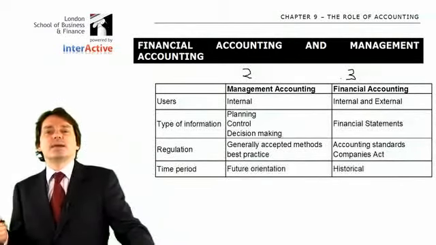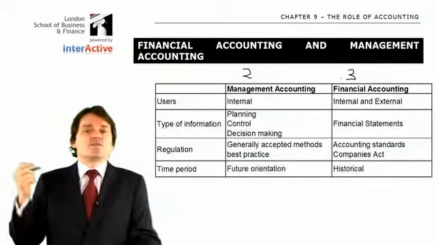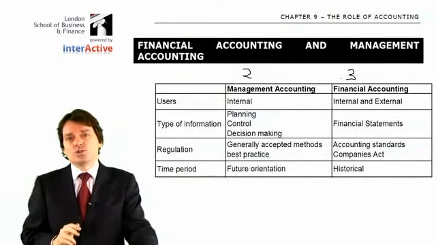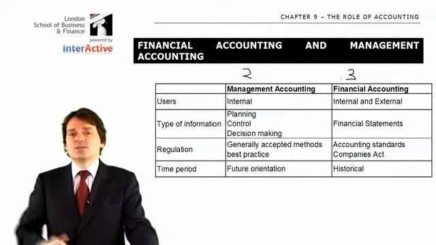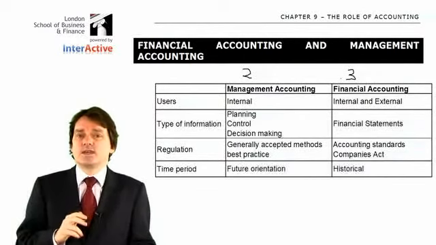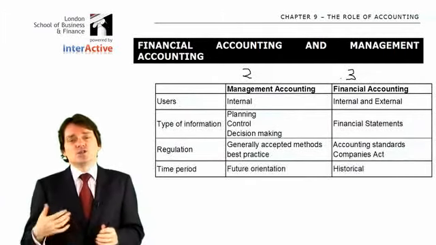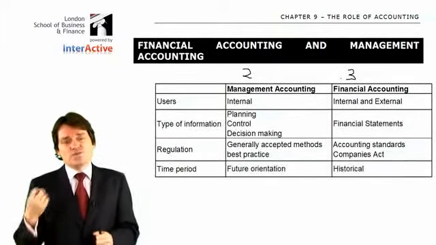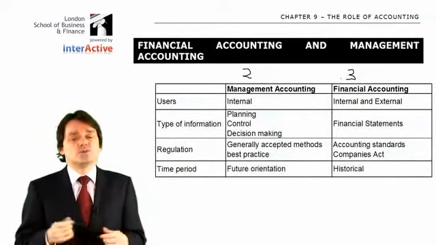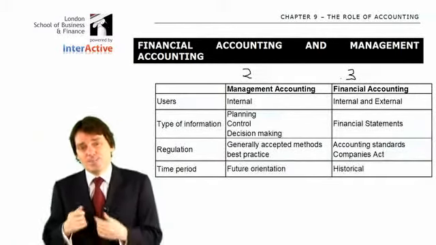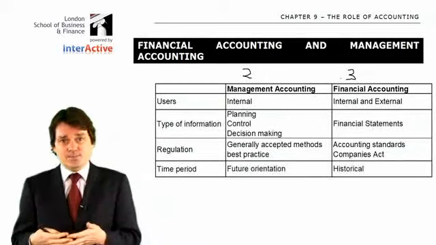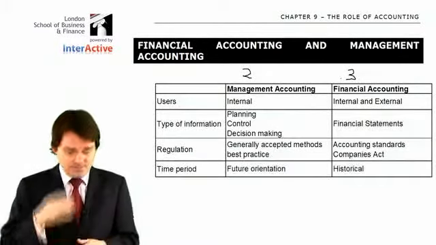But one of the things that makes it easier is the fact that because you're always looking backwards and you're always following standards, there is a set way to do most things. Any of you that have been doing any F3 will know there are certain topics where you always do things the same way. And so to a certain extent, financial accounting is about doing those things accurately, because it's always looking at things that have happened.